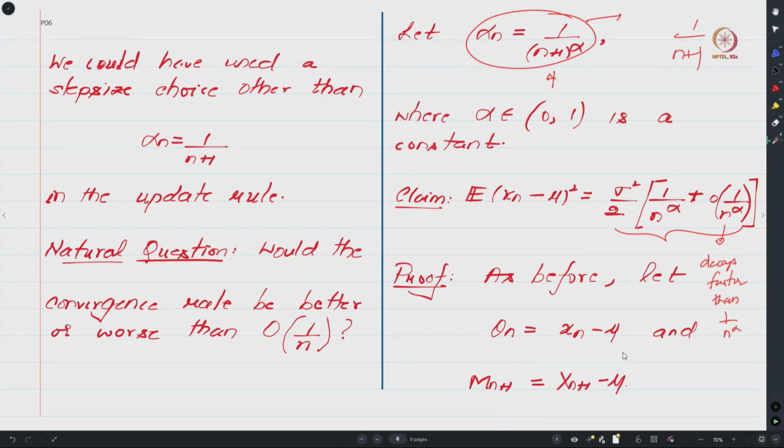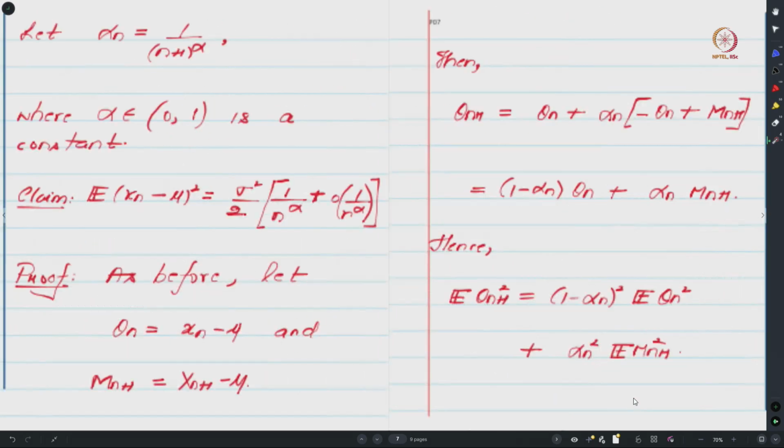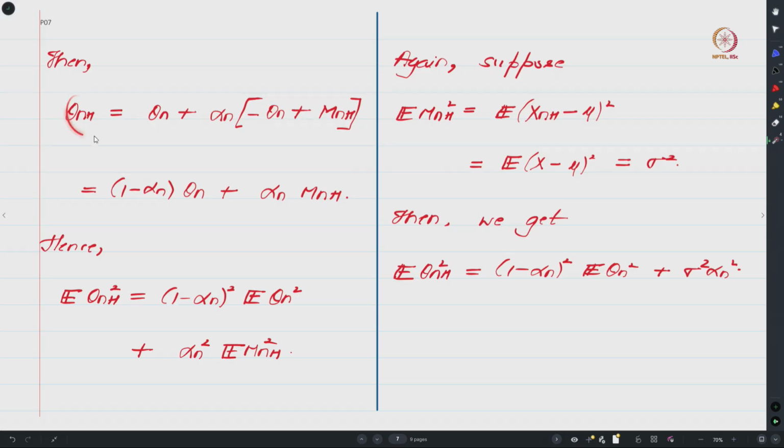We have x_{n+1} is x_n plus alpha_n times (X_{n+1} minus x_n), and keeping that in mind, let us again define theta_n to be x_n minus mu and M_{n+1} to be X_{n+1} minus mu, right. Then again the update rule that we will have would be theta_{n+1} equals theta_n plus alpha_n times (minus theta_n plus M_{n+1}).